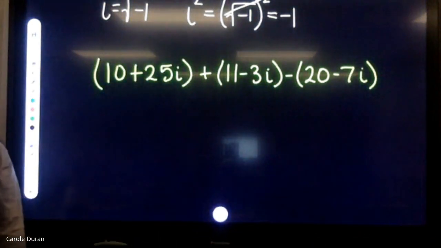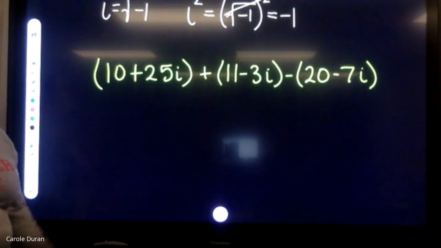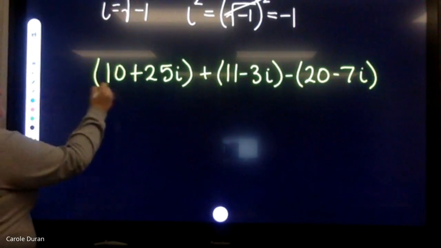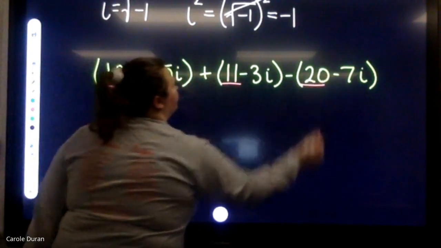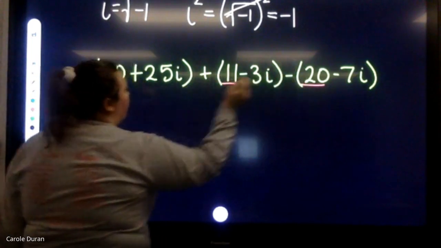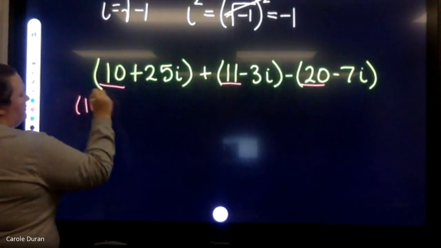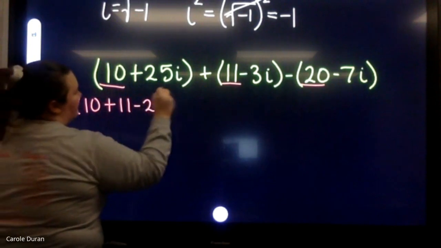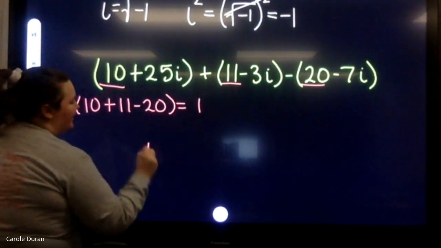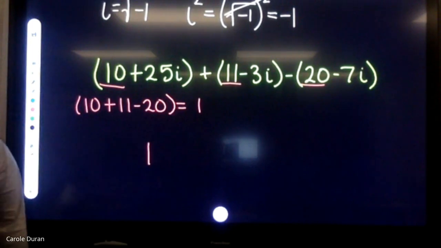So I have three complex numbers that I would like to put together. When we put this together, we combine terms that are the same part of the complex number. So I'm going to put all of my real parts together. I'm going to end up with 10 plus 11 minus 20. What's 10 plus 11 minus 20? 1. So my answer in the real part is going to have a 1.